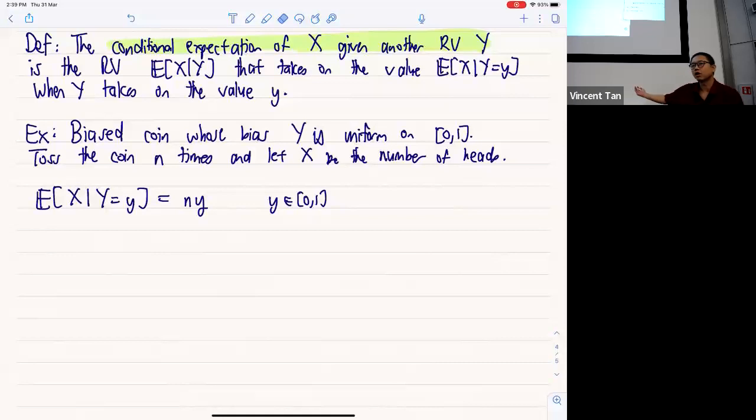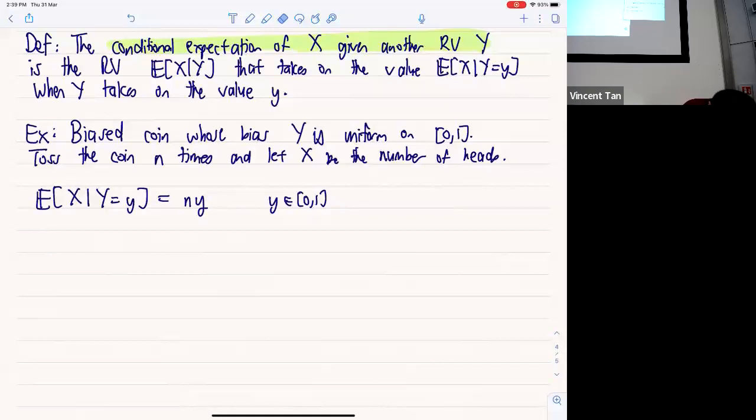Right? Because if I have a coin and the probability of head is 0.9, then I expect to have 0.9n heads in n tosses. Just like Liao Xue said, if y is 0.2, then the expected number of heads is 0.2n. Clearly. Okay.